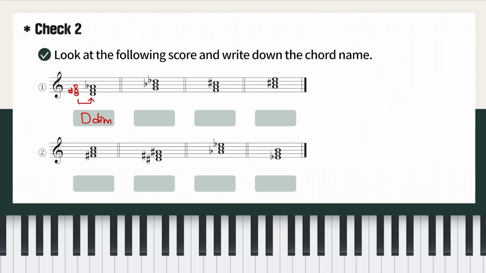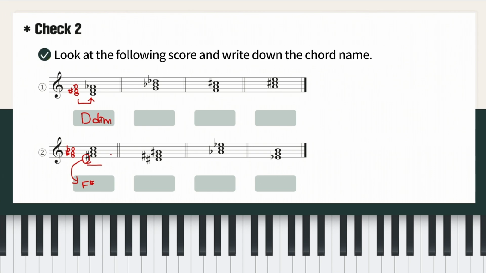Look at number 2. First one here. The root note has an accidental. So you write down the root note with the accidental first, and then to find out the quality of the chord, you have to add an accidental to remove the accidental on the root. So you add flat on all notes to remove the sharp. Then it becomes this triad.